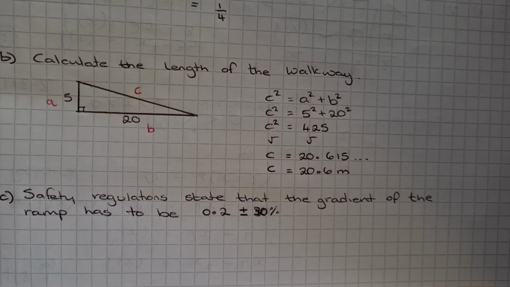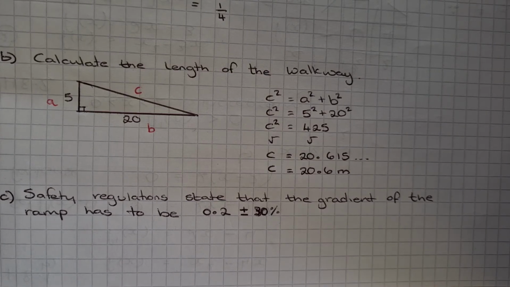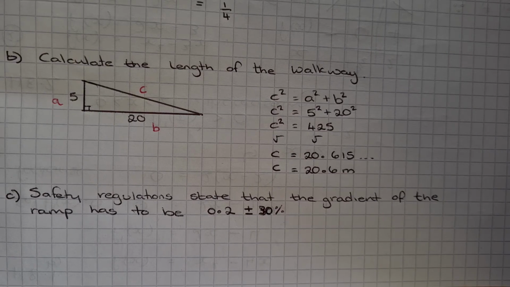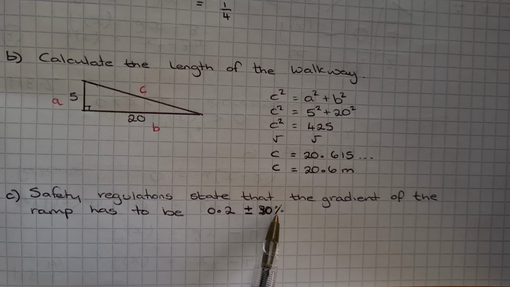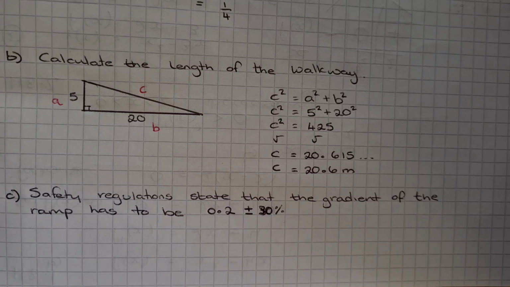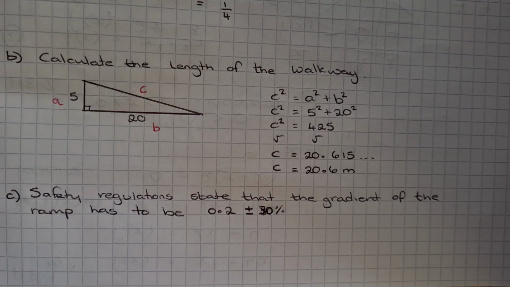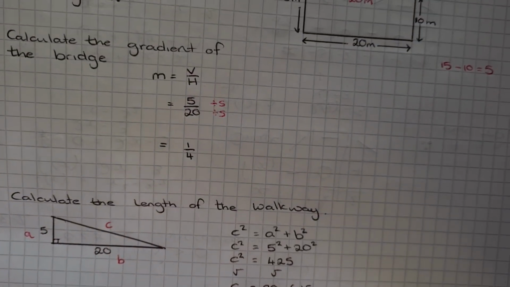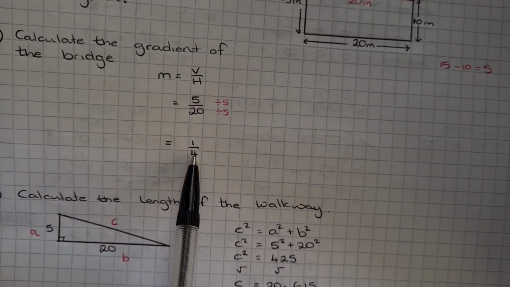Now, part C says safety regulations state that the gradient of the ramp has to be 0.2 plus or minus 30%. So we need to determine if the ramp is safe. Now we've already worked out the gradient further up in the question. It was 1/4.